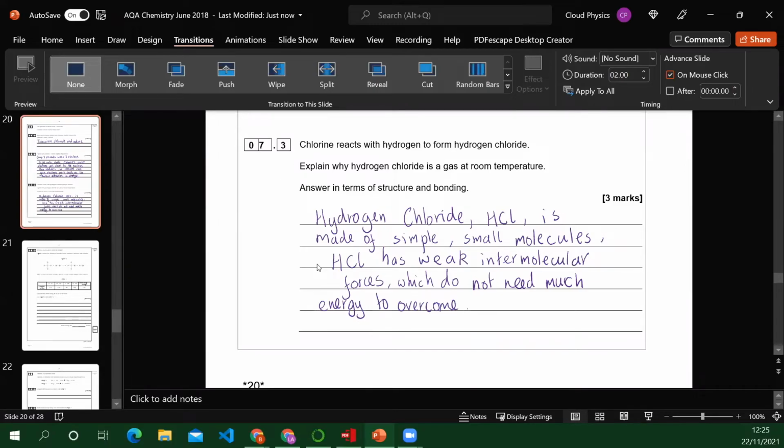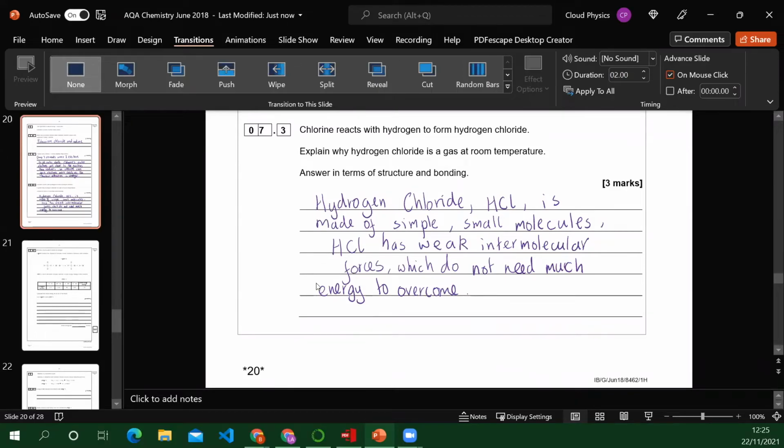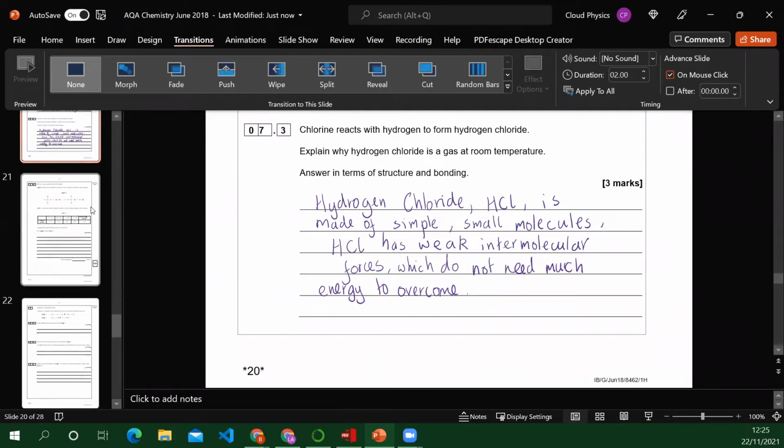So that's why it's a gas, because its boiling point is very low. It's even lower than water at room temperature.